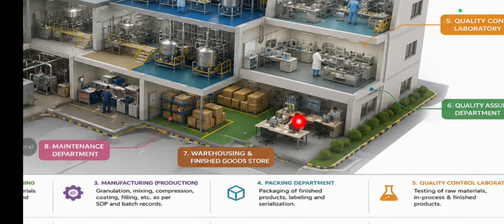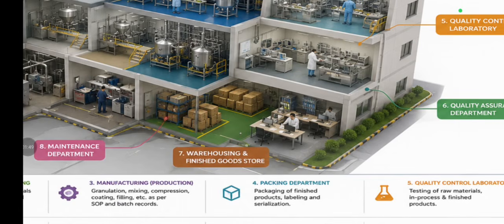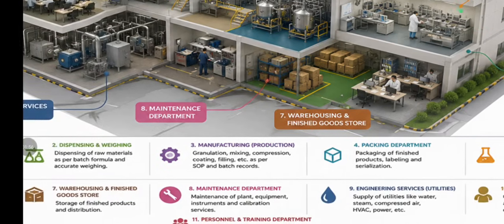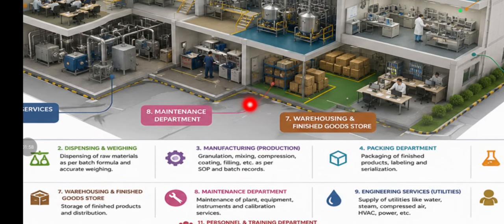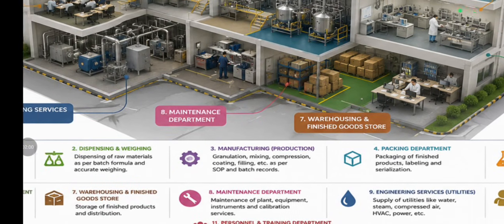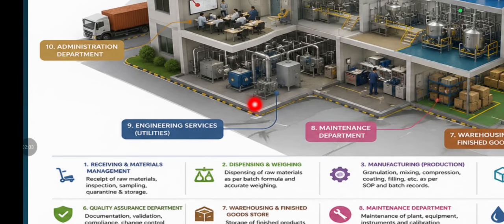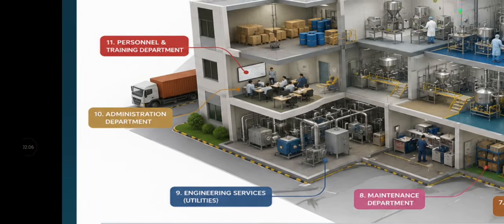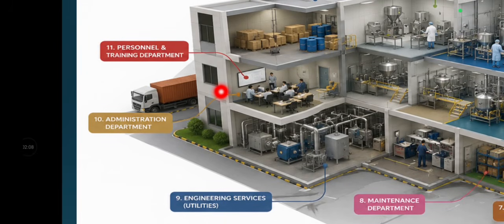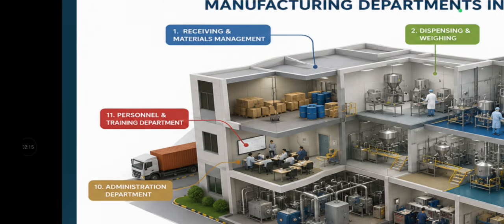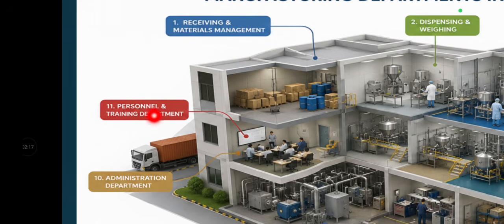Next, the warehouse is also available for the storage of materials, that is raw materials, finished products, etc. Then the maintenance department is also included in the pharmaceutical industry. After that, the engineering service department is also available. Then the administration department, where the whole administration team and HR sit. Then the personnel and training department for the employees.